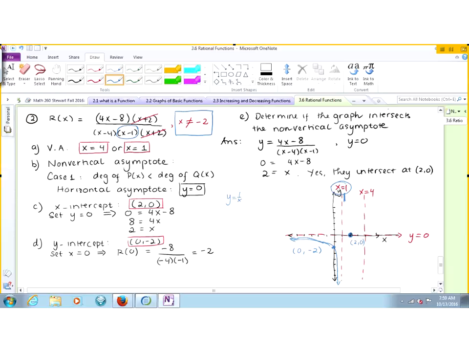Now the next one, this is a zero, isn't it? (2, 0). Does it have an odd multiplicity or an even multiplicity at (2, 0) here? Odd. So will it cross or will it touch? Where does this (2, 0) come from?